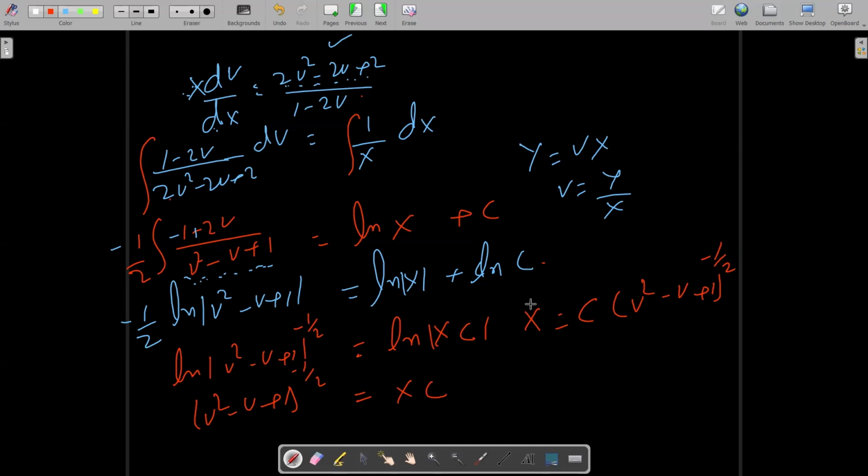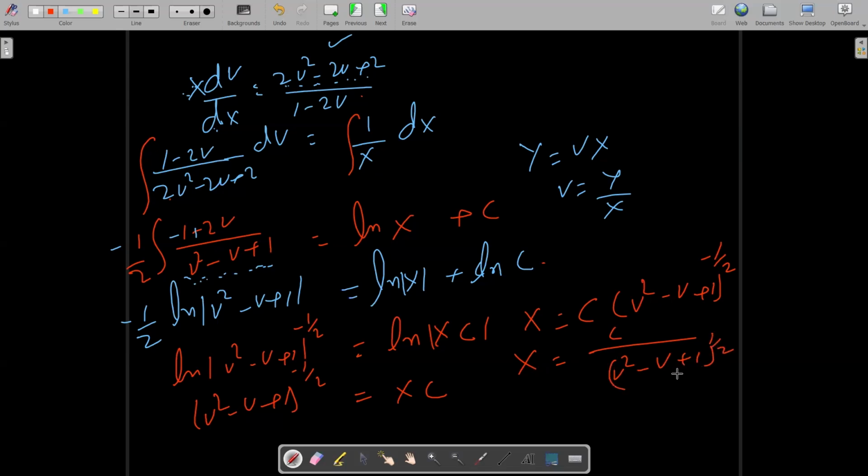So further, if you want to simplify, like you want to remove this negative 1/2, you can just take the square on both sides or something like that to simplify it. Like this is x equals C over v squared minus v plus 1, to the raised power 1/2.